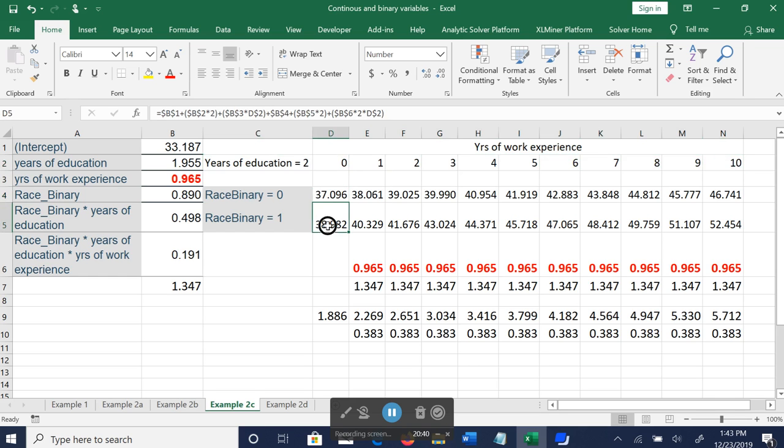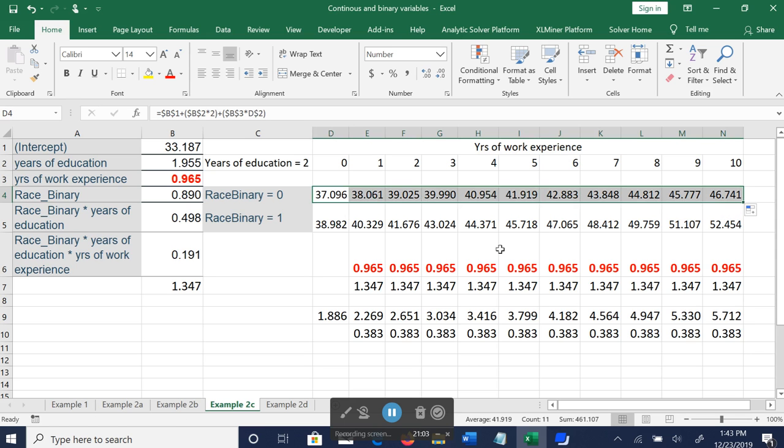We plug in the same formula, but in this case, we multiply by 2 because it's 2 years of schooling in here. And we multiply this by the work experience, which is going to change when we move from column to column. We can just copy the formula over.